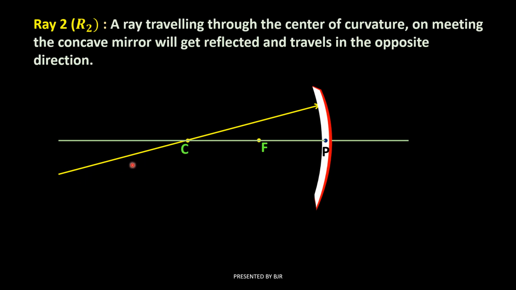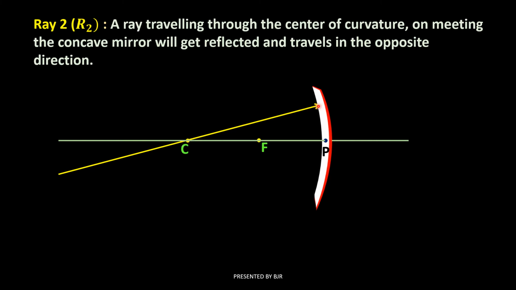traveling along the normal. So when the ray is traveling along the normal, it will get reflected and travel in the opposite direction. So it has gone like this and has fallen here.